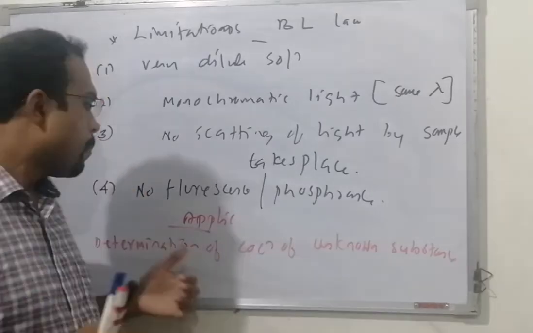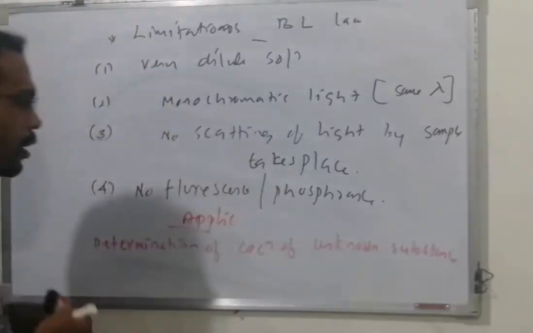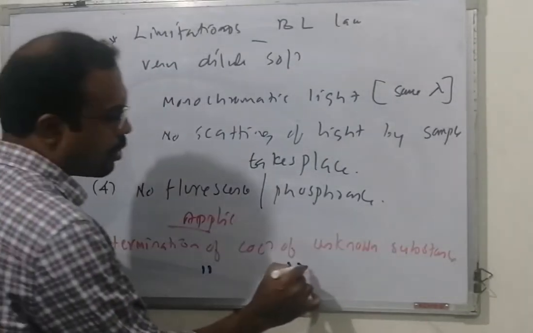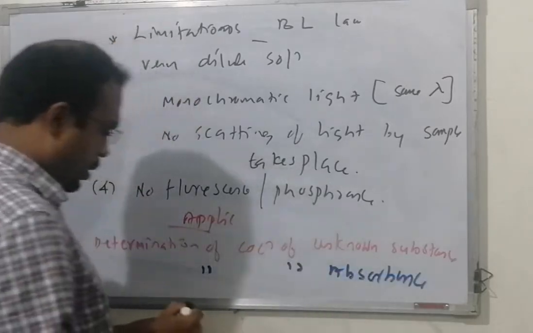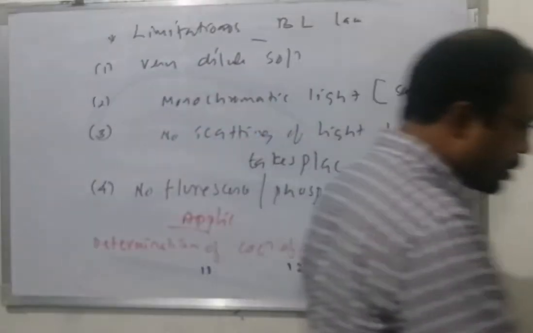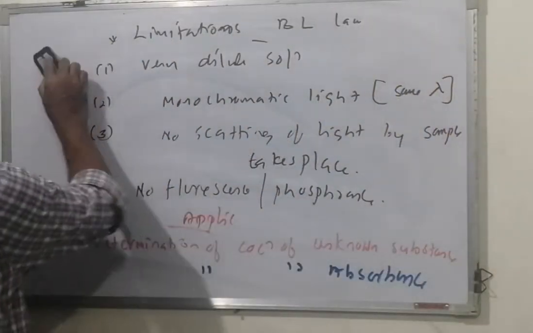So be very careful. Here you will use Beer-Lambert's law for the determination of unknown substances. Similarly, determination of absorbance of unknown substances. You can get the concentration of the unknown.